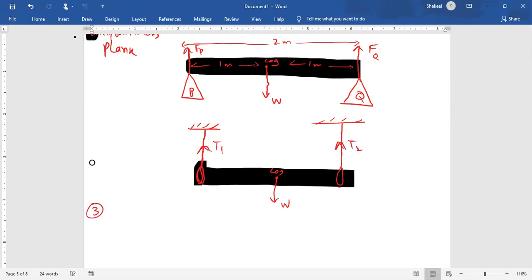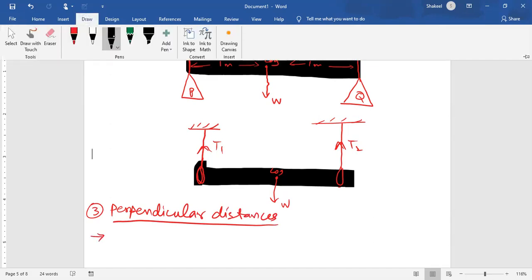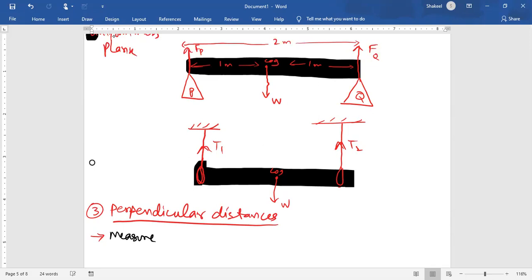Okay, so number 3 is perpendicular distances. So perpendicular distance of each force is always measured from selected pivot. So measure or mark distance of each force from pivot.